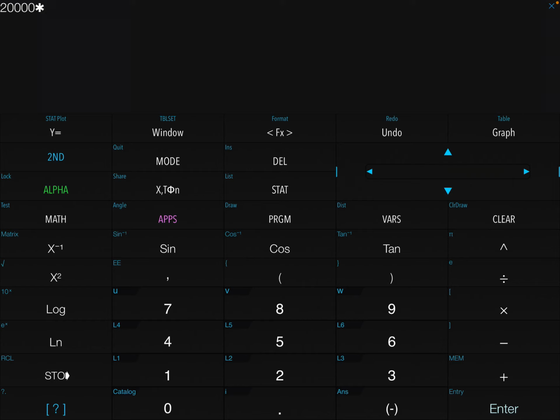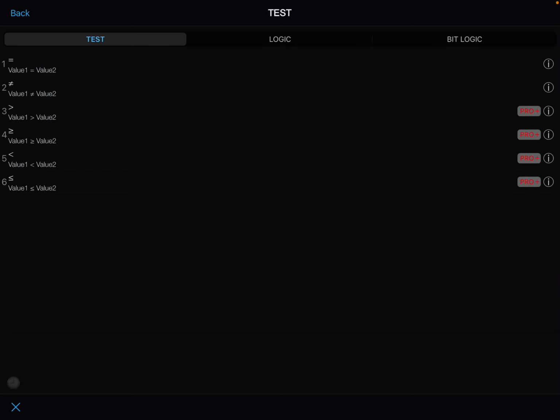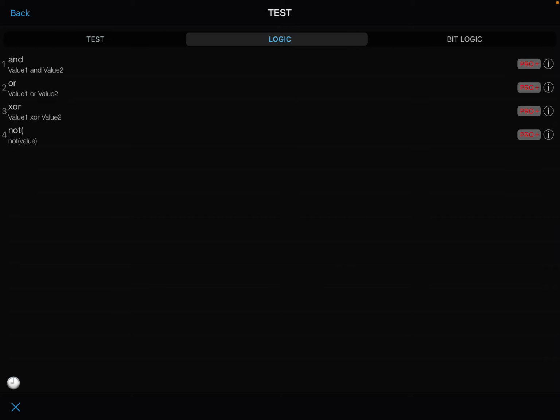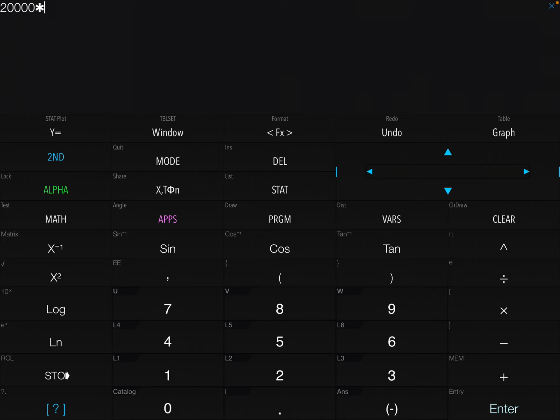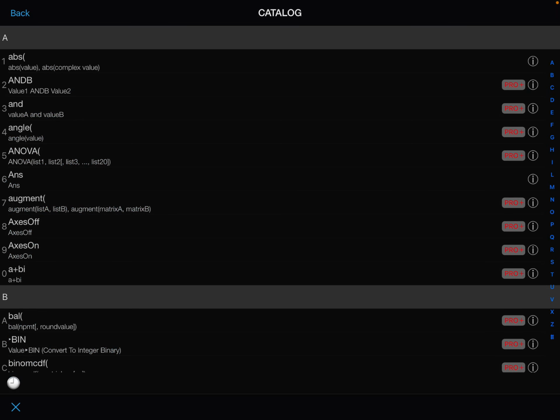Where is e in this calculator? Maybe if I click on math. I mean, it's a basic thing. You guys need to have e here. It used to be here, guys, and I lost it. It was hanging out above here, but I lost it. So if I can go to the mode, catalog.